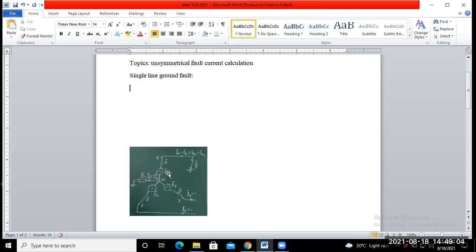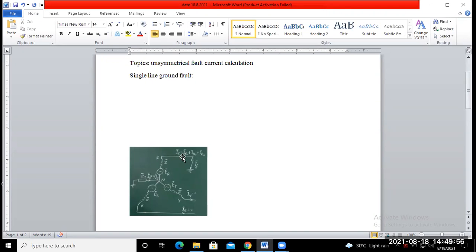The EMF induced in phase R is represented by ER, and the impedance is represented by Z for phase R, phase Y, and phase B. That means all 3 phase impedances are equal, represented by Z. Whatever current flows through the respective phases R, Y, B is represented by IR, IY and IB.